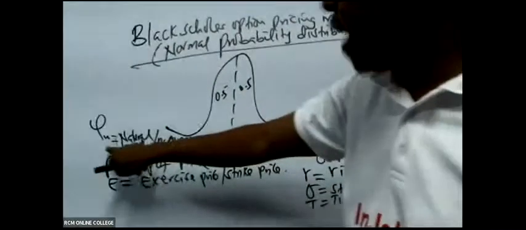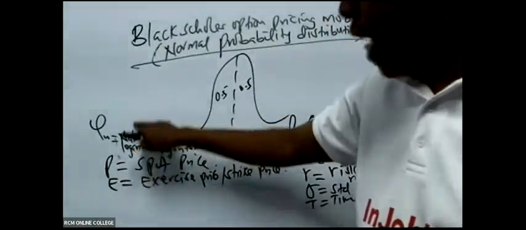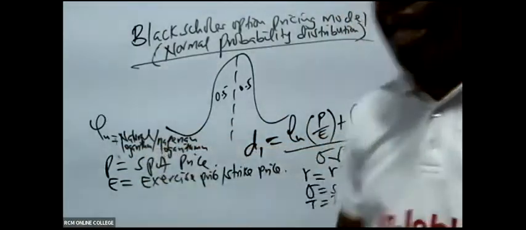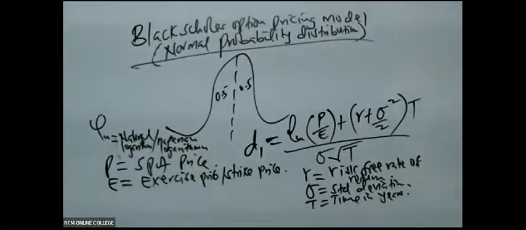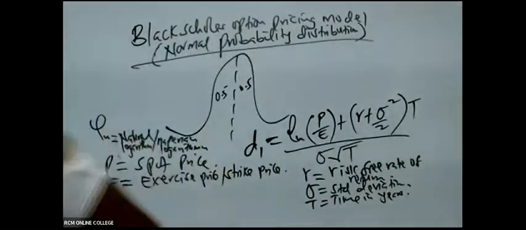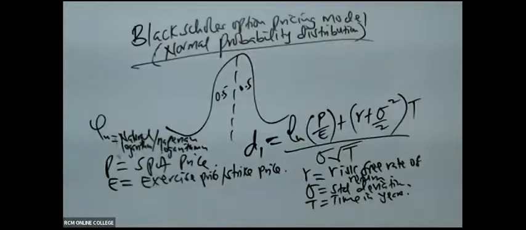ln is the natural logarithm, or Napierian logarithm. It is in your calculator.